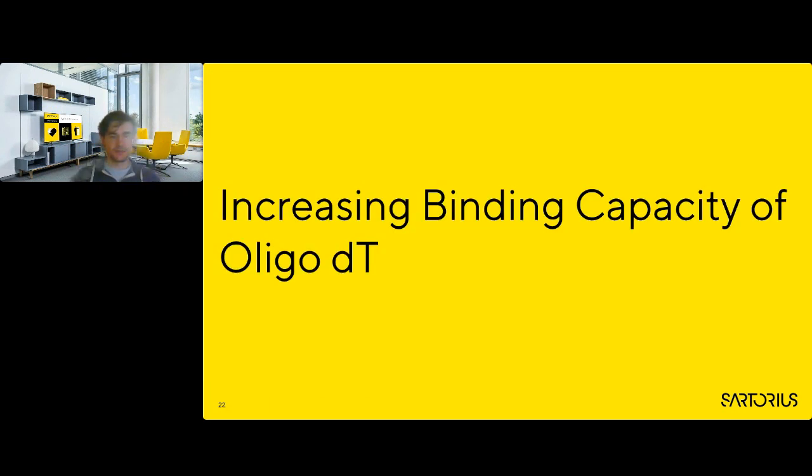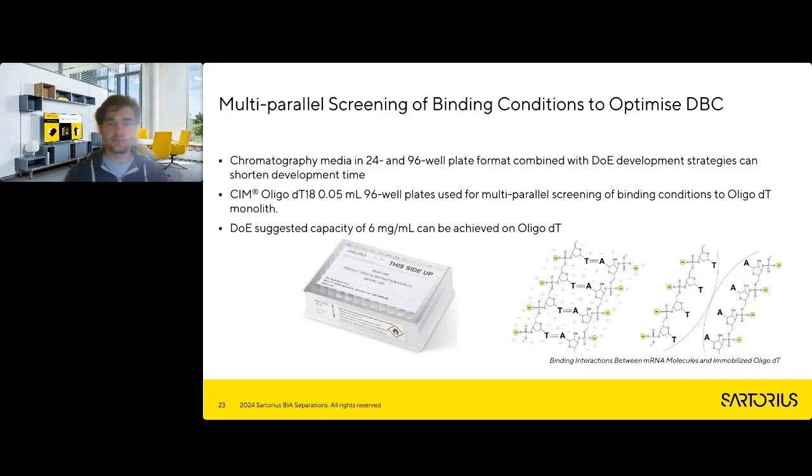We also did design of experiments to increase the binding capacity of our oligo-dT ligand. What we did was we took the oligo-dT 96 well plate, did the design of experiments, and screened different factors that could impact the binding capacity.